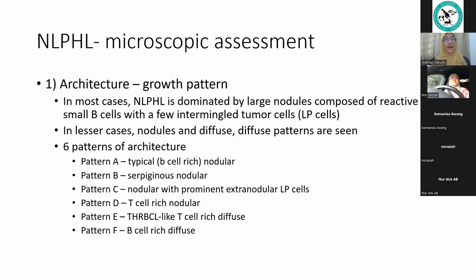However, there are some exceptions or some variations. So in lesser cases, there is an admixture of nodules and diffuse areas, or totally diffuse areas.